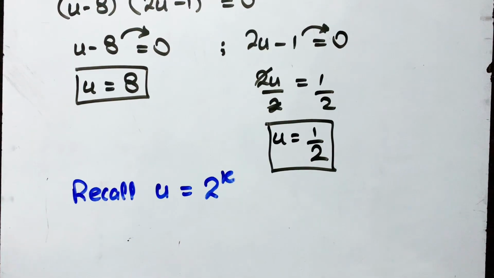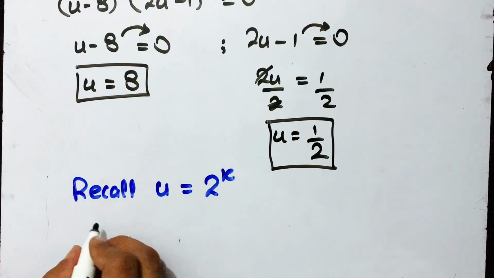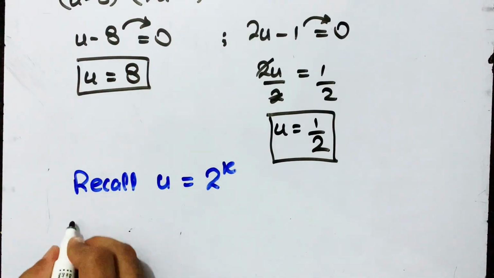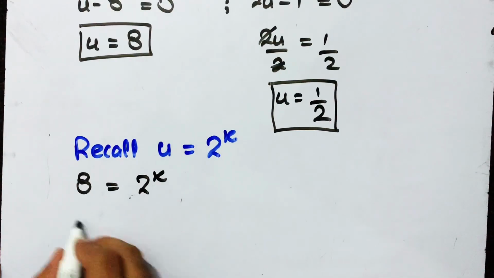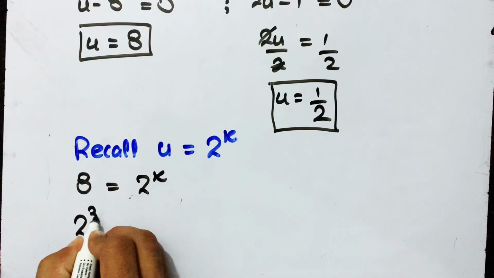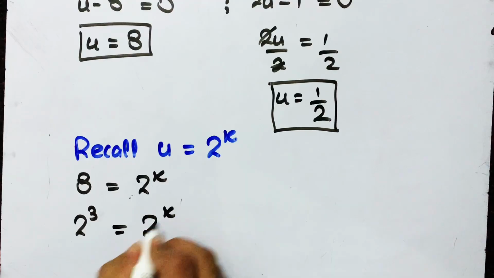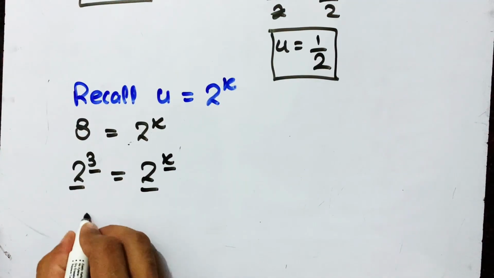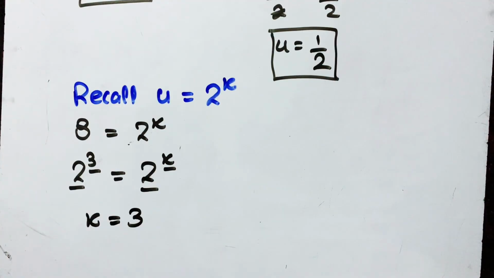If I put u equals 8, then 8 equals 2 to the power of x. 8 is 2 to the power of 3, so 2^3 equals 2^x. If the bases are the same, then the powers will also be the same. So we found x equals 3.